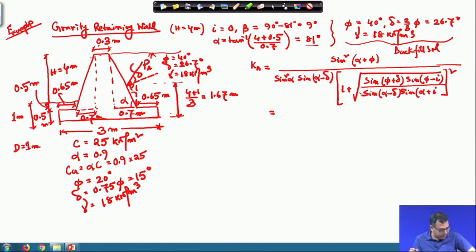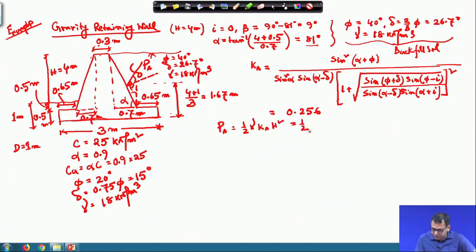If you put these values, ultimately K A is coming out to be 0.256. Your delta is given 26.7, I is 0, alpha is 81, so you put all these values. So, my P A value is half gamma K A into h square.